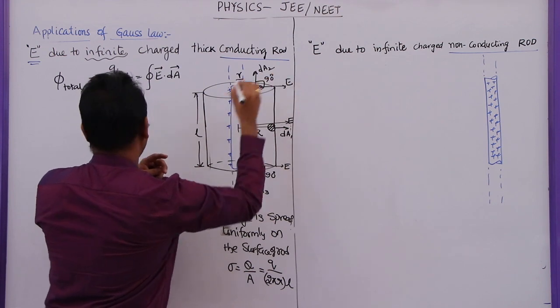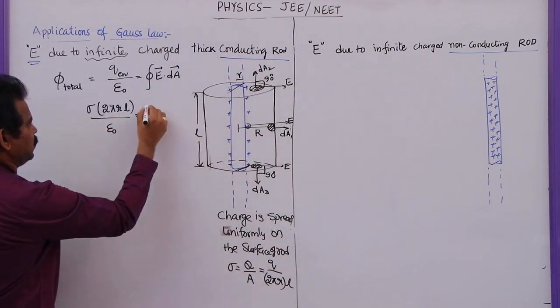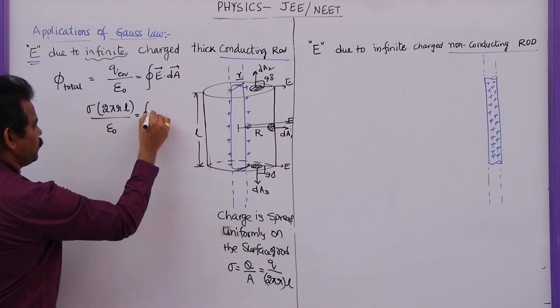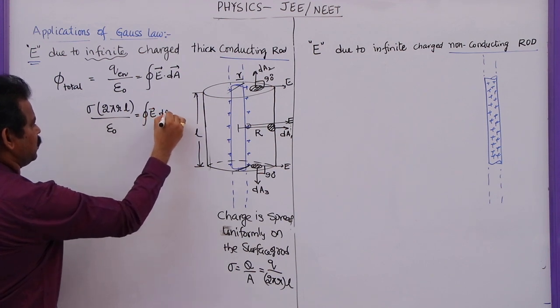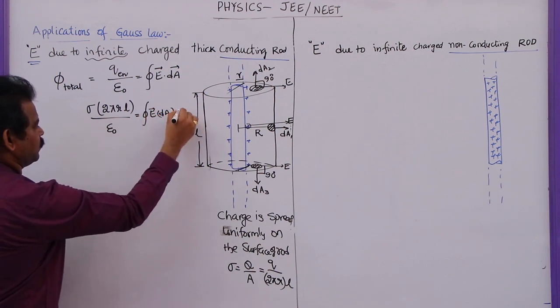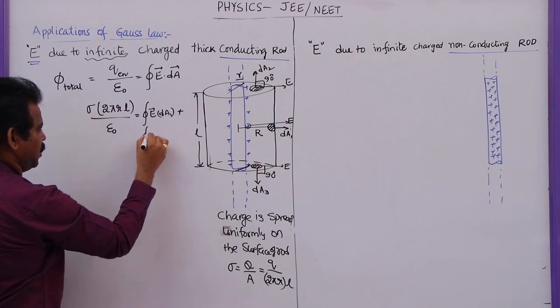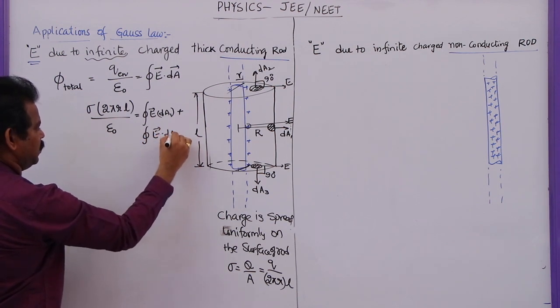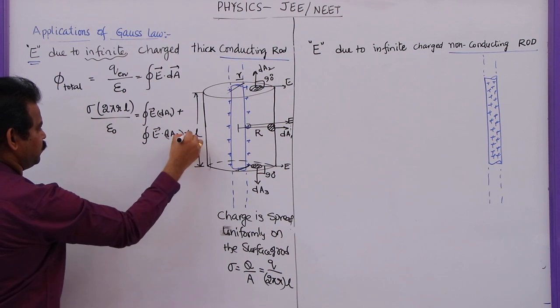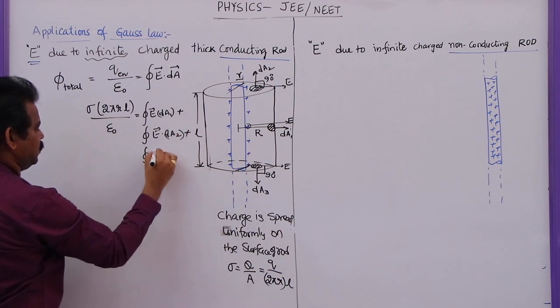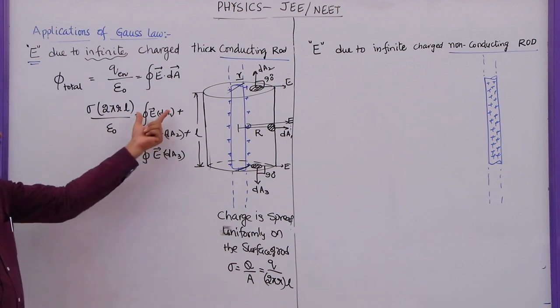This is also 90. So this is a integral of E bar dot dA bar 1 plus integral of E bar dot dA bar 2 plus integral of E bar dot dA bar 3. So this is the total flux.